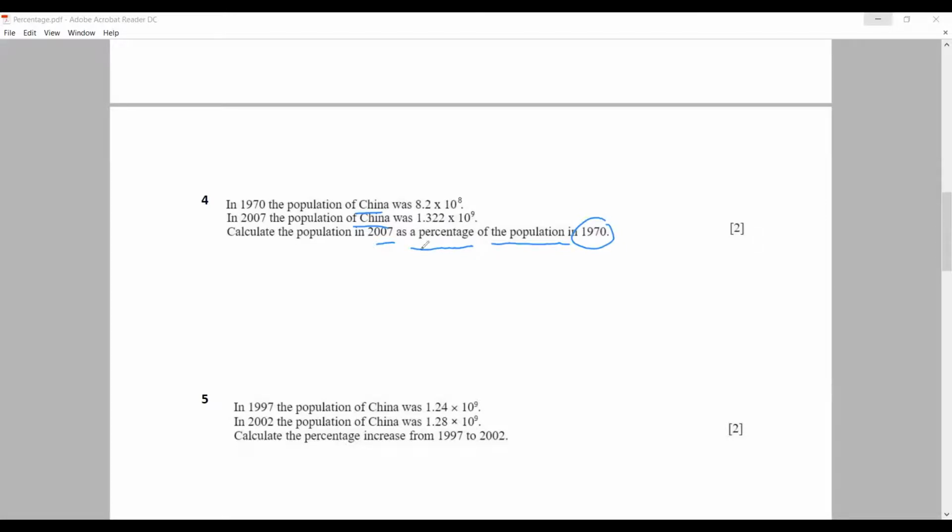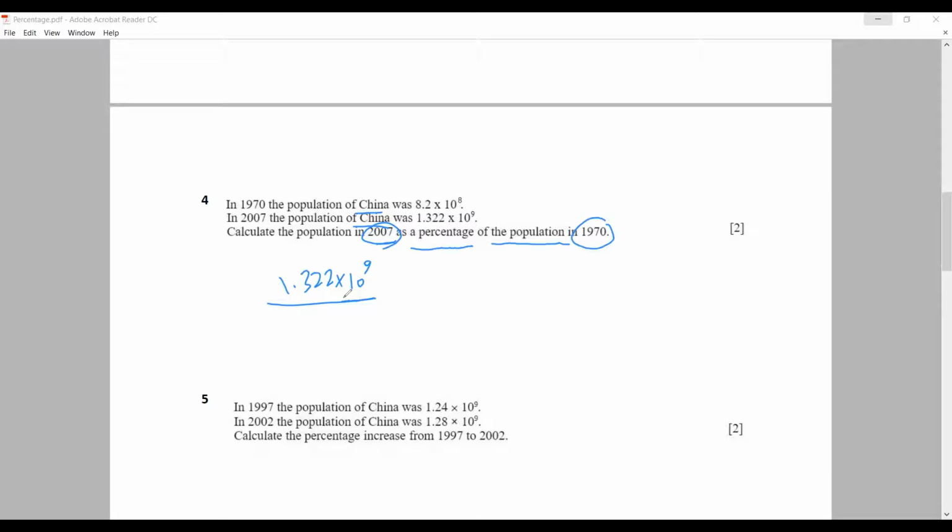If they want us to write a quantity as a percentage of another quantity, you just have to form a fraction. In the numerator, you put the first quantity, that's the 2007. So here I put the value of 1.322 times 10 to the power of 9. So this is not about increase or decrease, nothing like that.